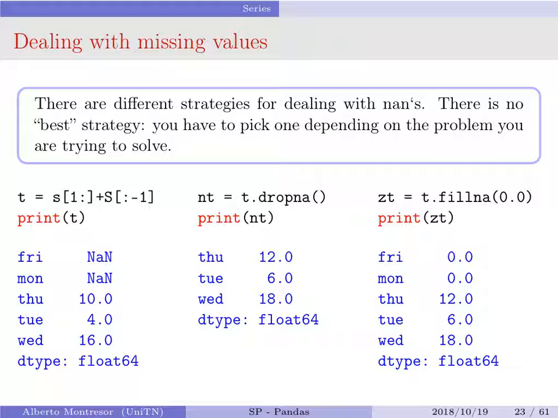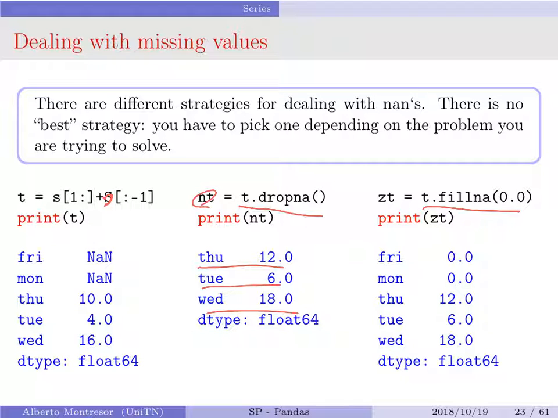So what you can do here, this is just a small s, not a capital S. You can keep them, and so you need to do something with those, but you can also apply an operation which is dropping the not numbers, which means that you just remove them, and so you get only the sum for the values which are in common, or you fill the not number with 0.